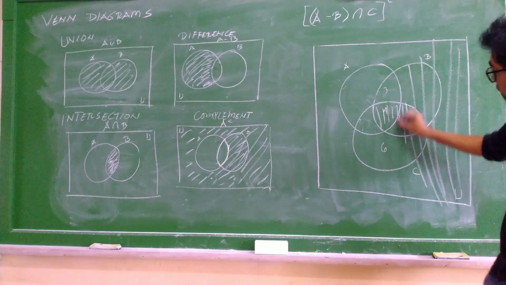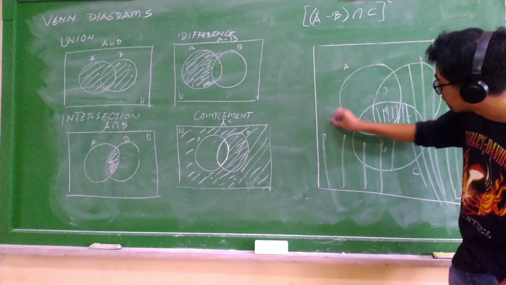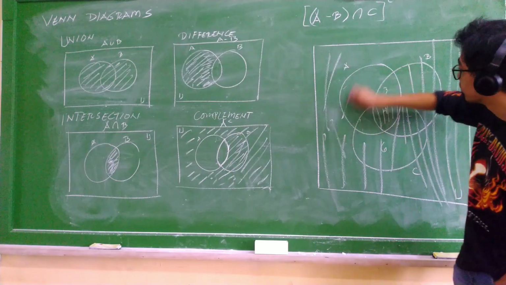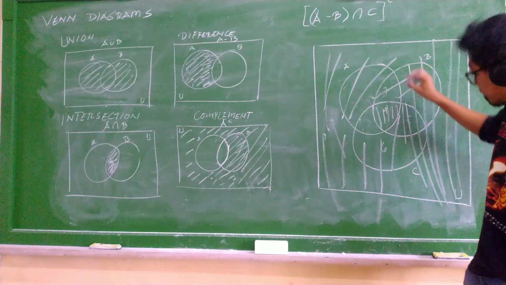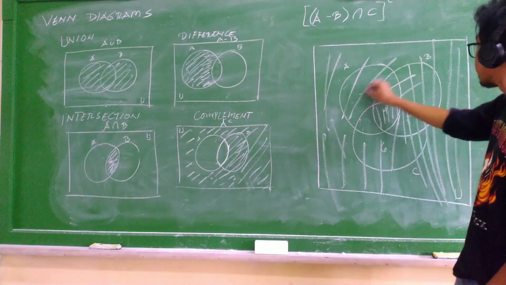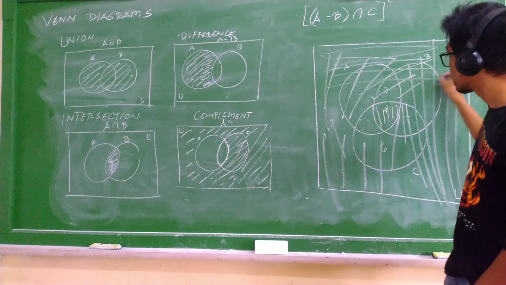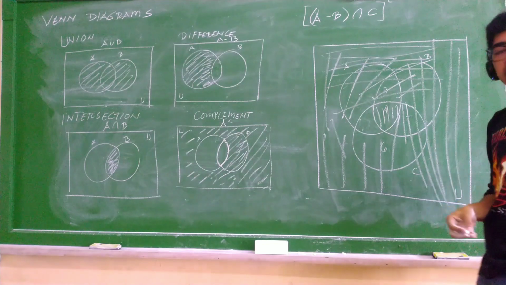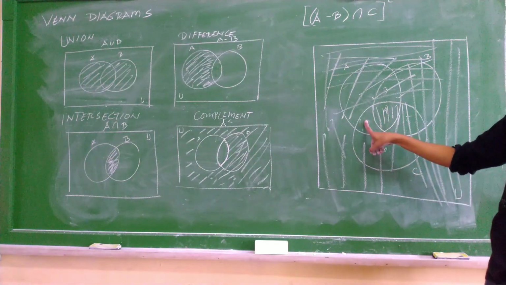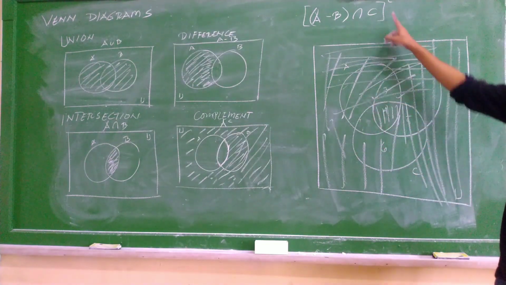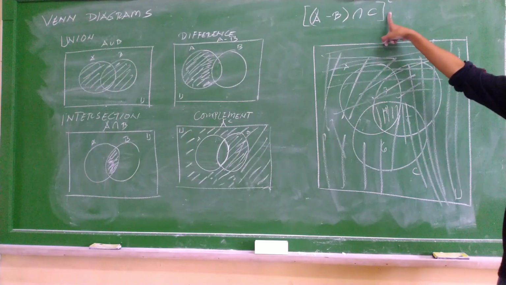You don't have to fully shade it, you can just use this. Everything is shaded except this region. So this is the representation of this.